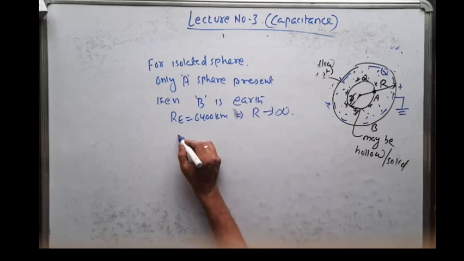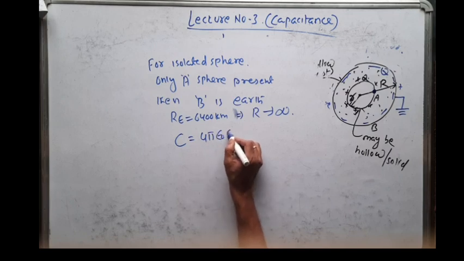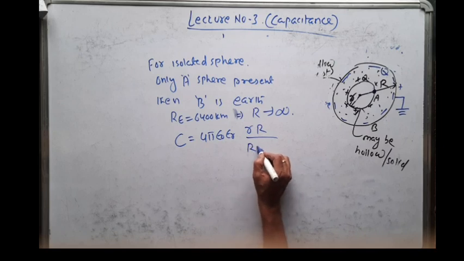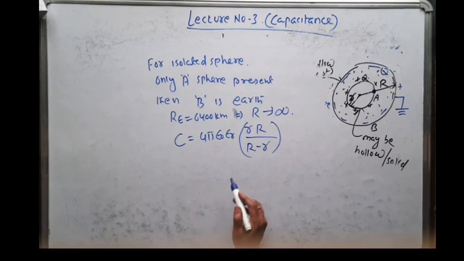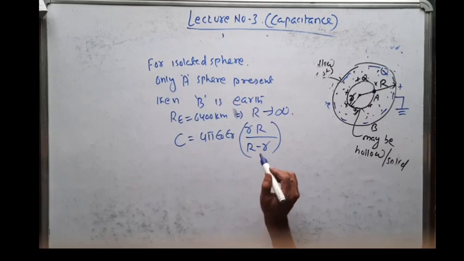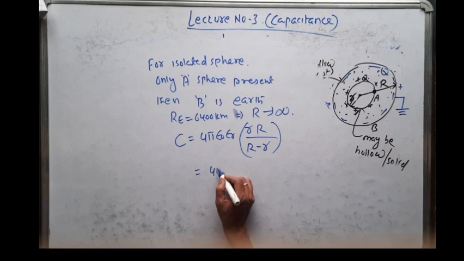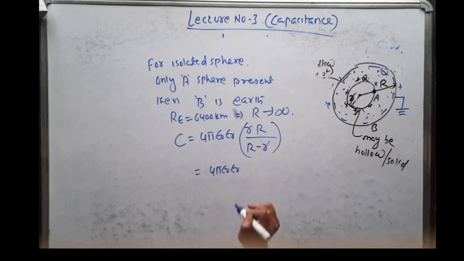If so, then what is the capacitance formula? We have known 4 pi epsilon naught epsilon r into small r into capital R by capital R minus small r. This is the capacitance of a spherical capacitor. For an isolated spherical conductor, this capital R tends to infinity, so you just divide capital R in numerator as well as denominator.